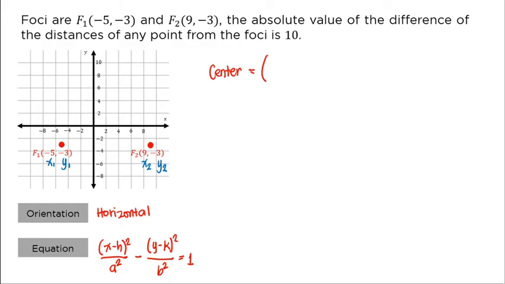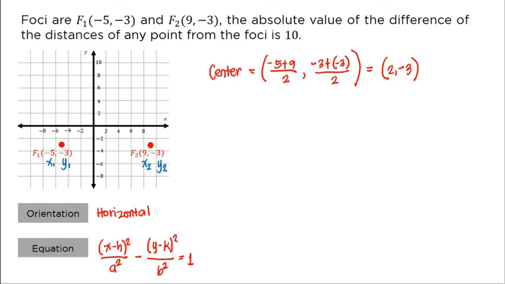So we have negative 5 plus 9 all over 2, comma, negative 3 plus negative 3 all over 2. That is equal to 2 over 2 and negative 3. So there, we already have our center, (2, negative 3).